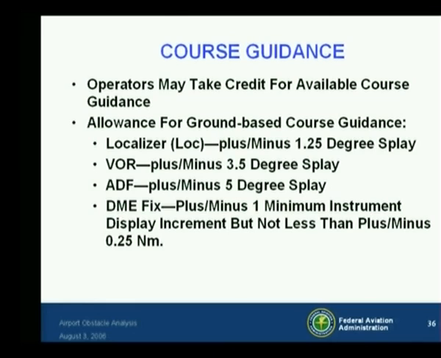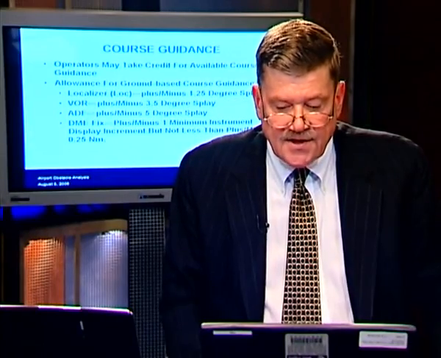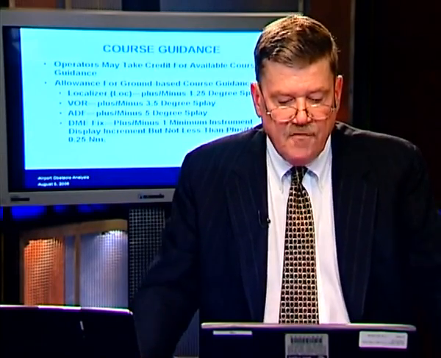Now, the advisory circular provides this criteria for these traditional ground aids. You see they're fairly tight, localizer 1.25 degree splay, and these would go into the development of the flight track escape maneuver. The one that really cracks me up is the DME fix, plus or minus 1 minimum instrument display increment, but not less than plus or minus 0.25 nautical miles.